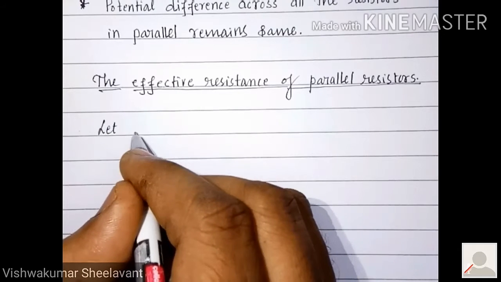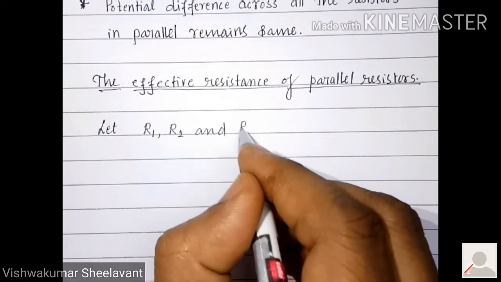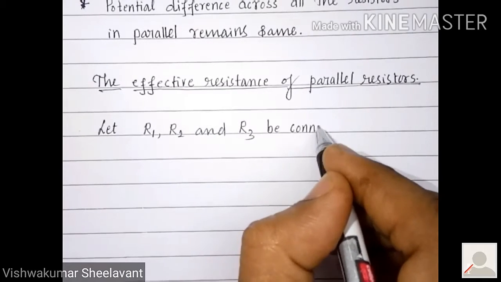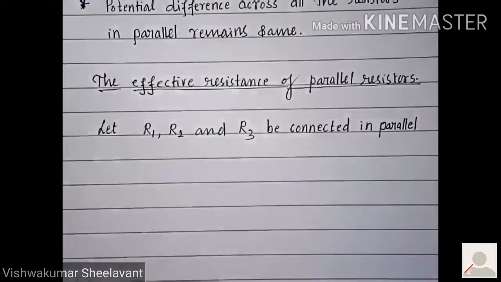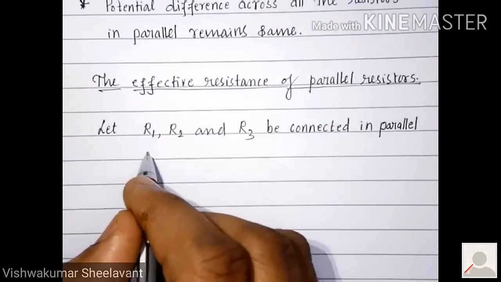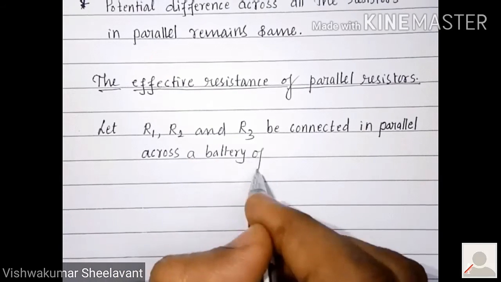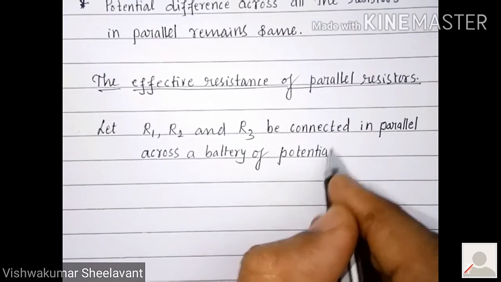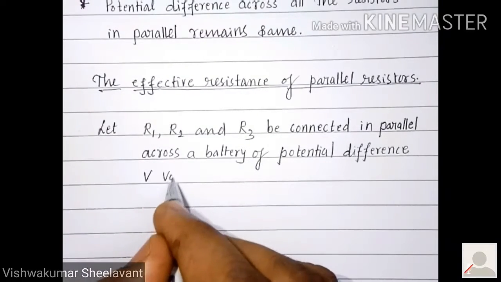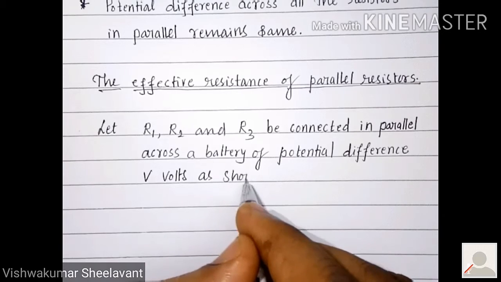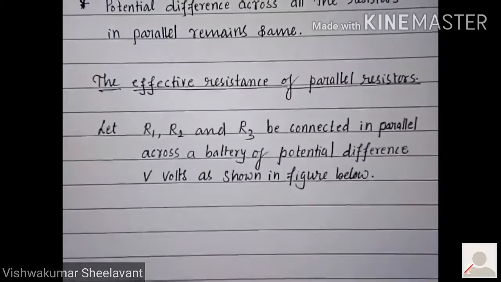Let R1, R2 and R3 be connected in parallel across a battery of potential difference V volts as shown in figure below.